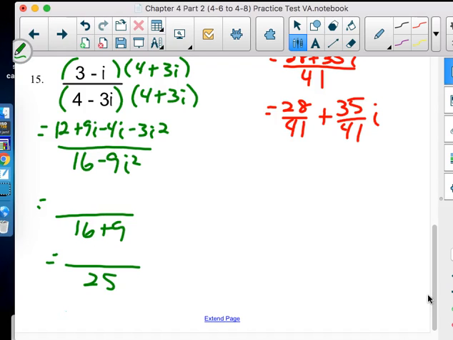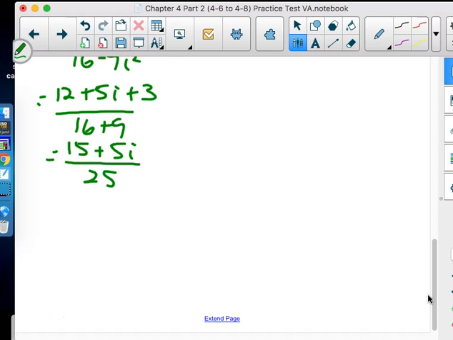Everybody match that? Okay, now do your light bulb moments. So combine your two middle terms. And remember that i squared is negative 1. Is that one done? No.